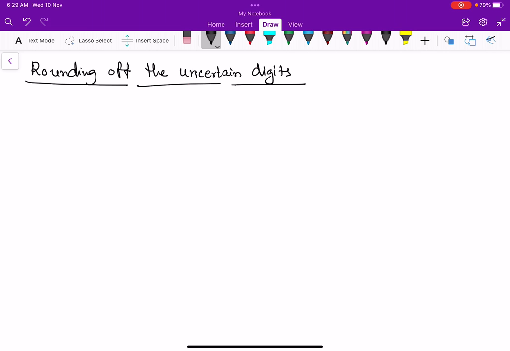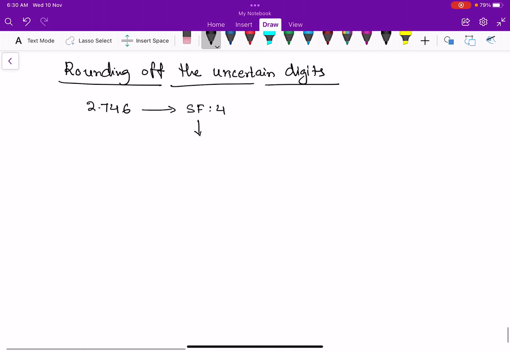Okay. See, suppose 2.746 is there. How many significant figures are there? 4. I want to set significant figures to 3. How to write this?